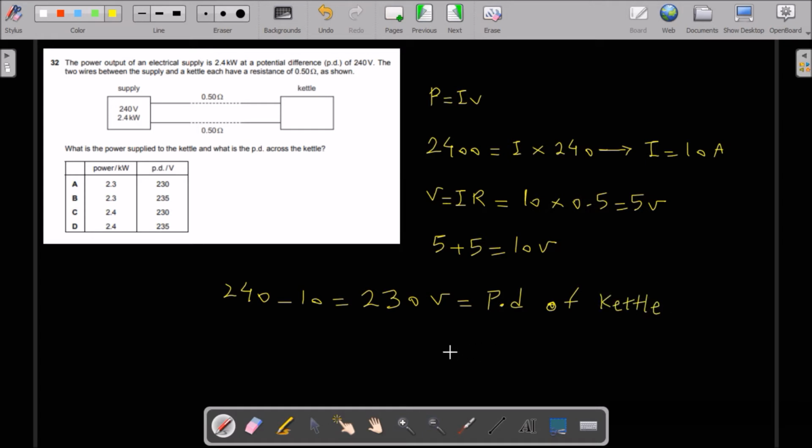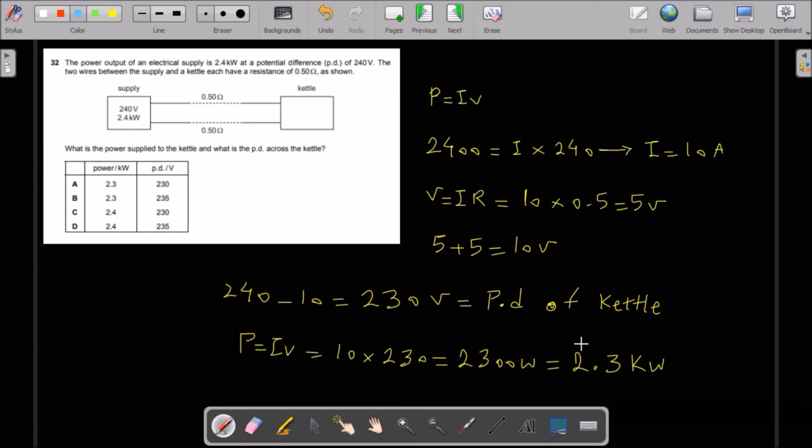If I use P equal to IV for the kettle, the current is 10 because the current doesn't change. So current is 10 and potential difference is 230. So the power for the kettle will be 2300 watt, which is 2.3 kilowatt.